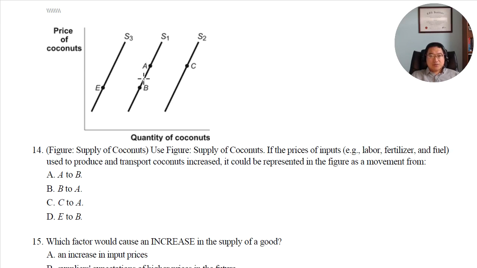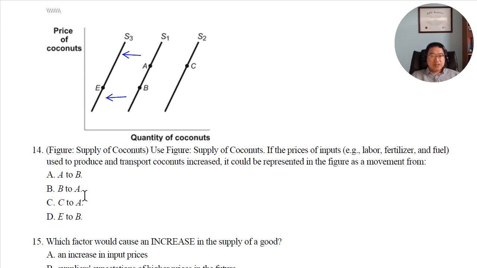The price of inputs becomes more expensive, the supply curve will do what? It will shift to the right, to the left. Let me put another one, right? Shift to the left. That will be the result. And which one will give us that result? We need to figure it out.